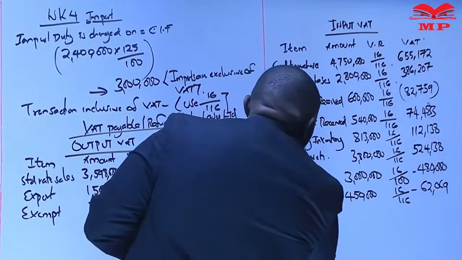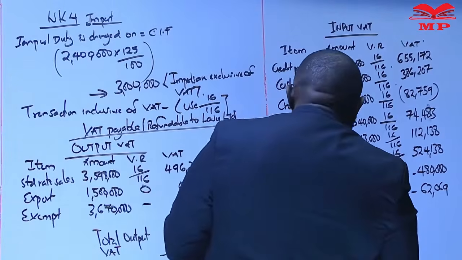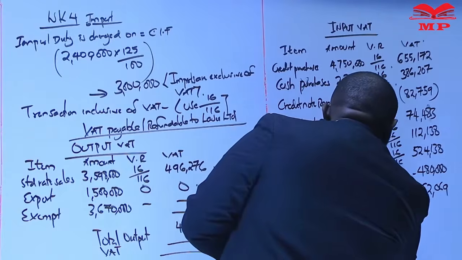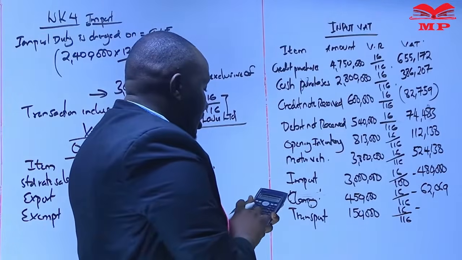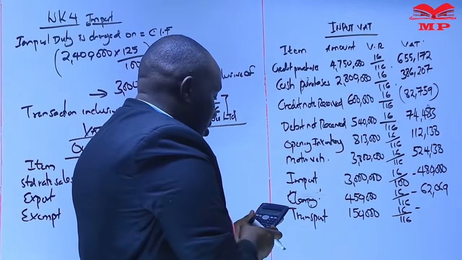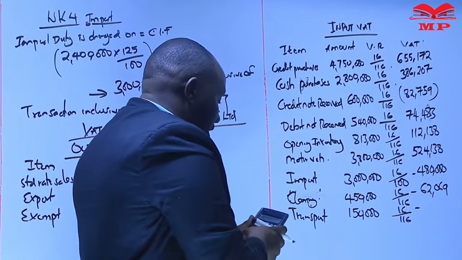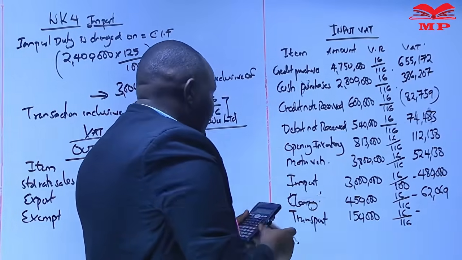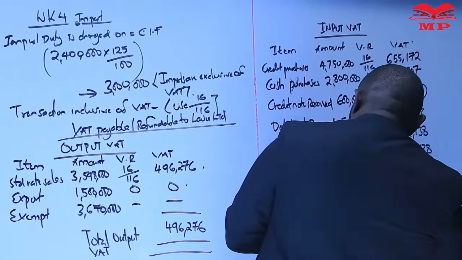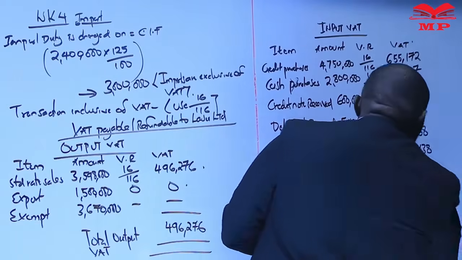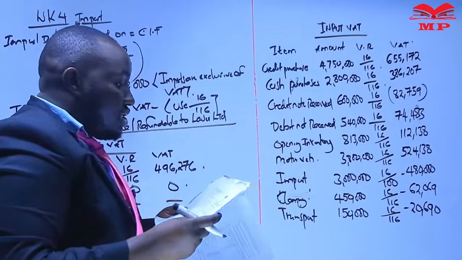Then the transport is a figure of 150,000, times 16 over 116. So we have a figure of 20,690.